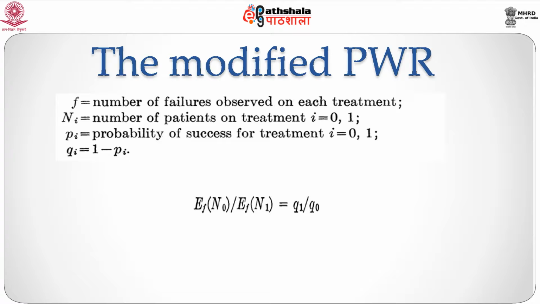So if we define F as the number of failures observed on each treatment, Ni as the number of patients on treatment i equal to 0 or 1, and Pi as the probability of success for treatment i equal to 0 or 1, Qi equal to 1 minus Pi, then since Ni is the sum of F independent identically distributed random variables, each of which has a geometric distribution, we can derive the ratio of the expected number of patients on each treatment as expectation of N0 by expectation of N1 is equal to Q1 over Q0.